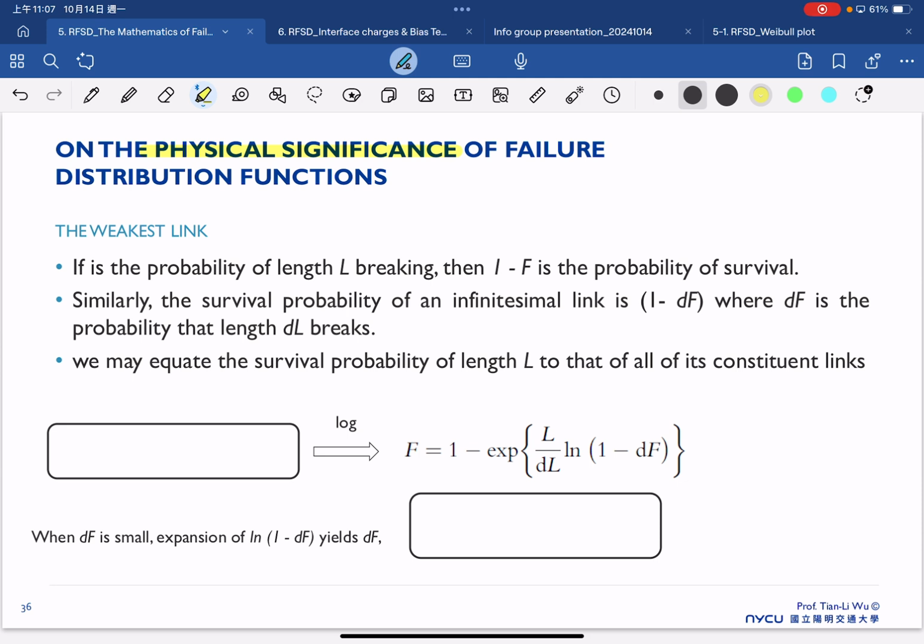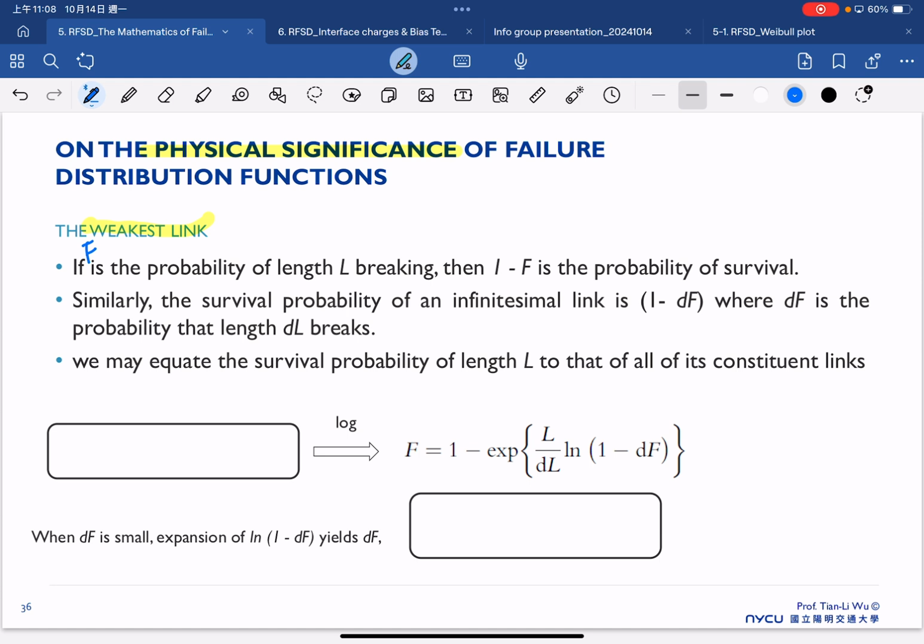So again, we have to re-mention the concept of the weakest link. If F is the failure probability of a length L breaking, then 1 minus F is the probability of survival, right? F is failure, so for sure 1 minus F means survival.